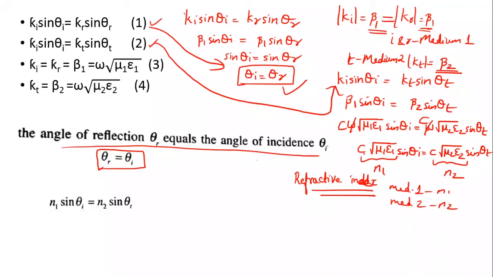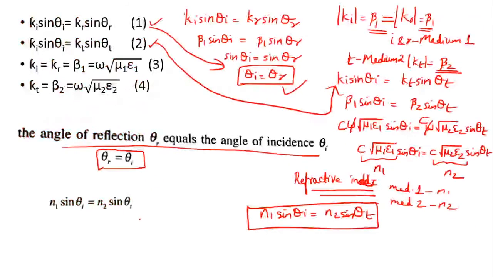Okay, so this can be written as n1 sin theta I is equal to n2 sin theta t. So this is the second equation, n1 sin theta I is equal to n2 sin theta t, and what is this? This is called Snell's law.